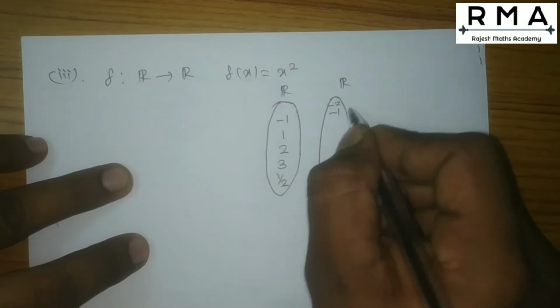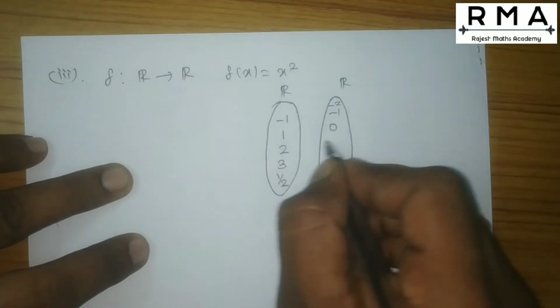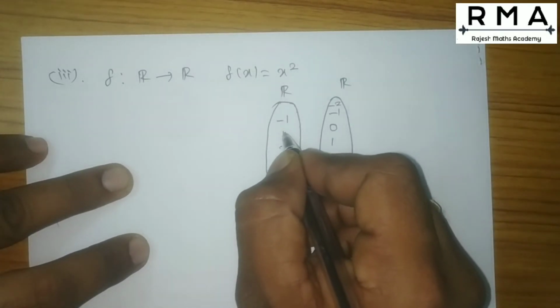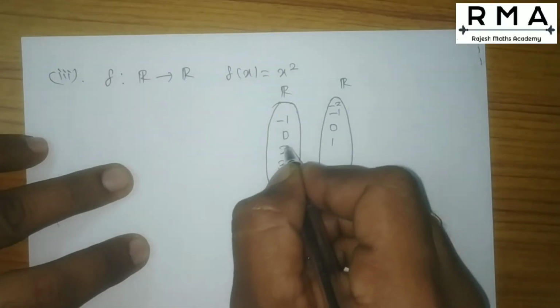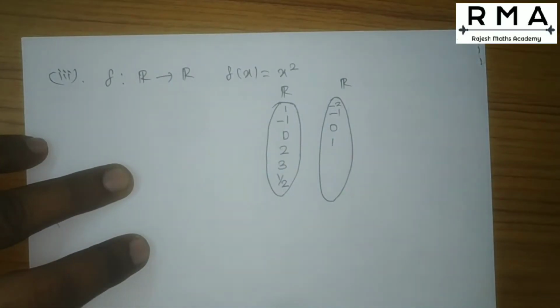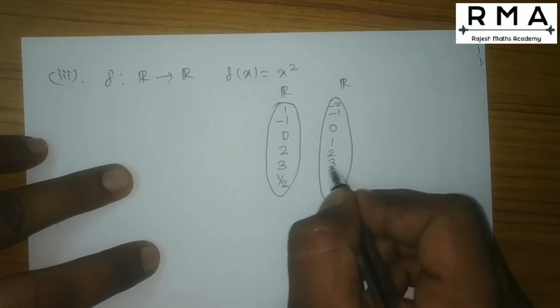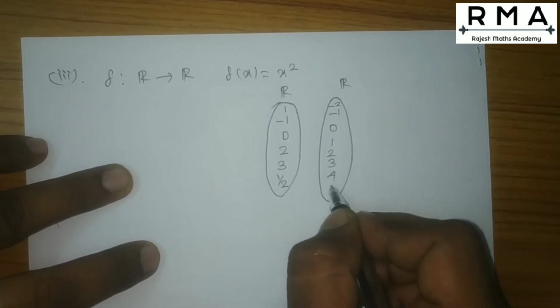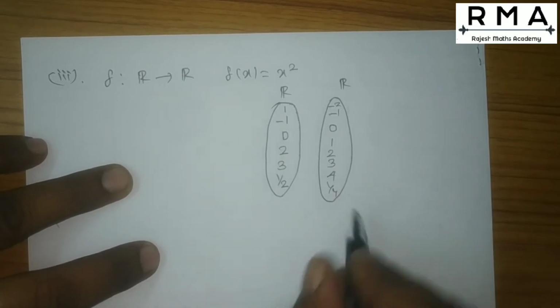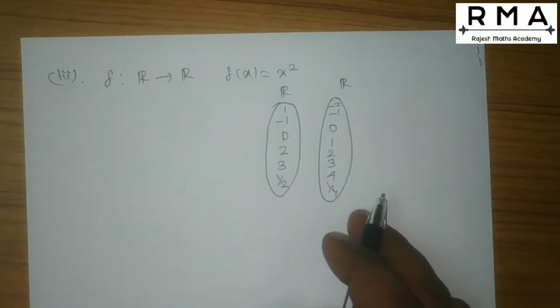Start with -2, -1, 0. You can add 0 also in real numbers. So now 0, 1 added, next 2, 3, 4, like that I can add 1 by 4, like that. In real numbers many numbers are available.